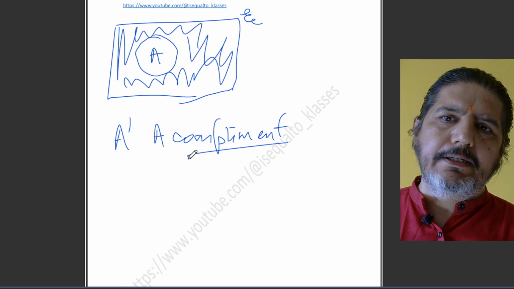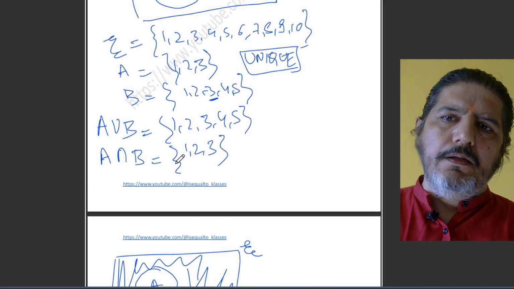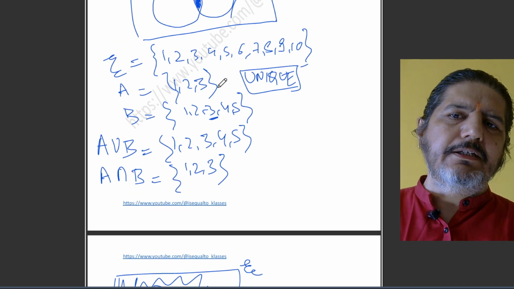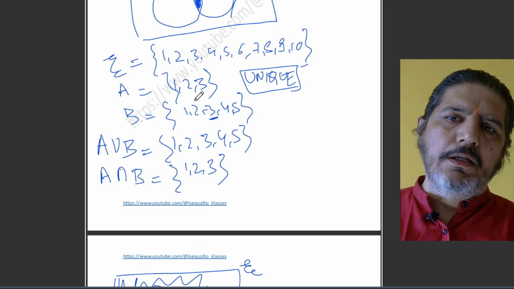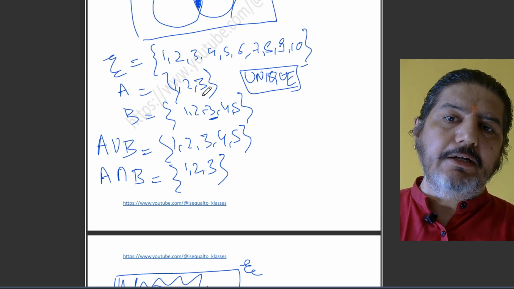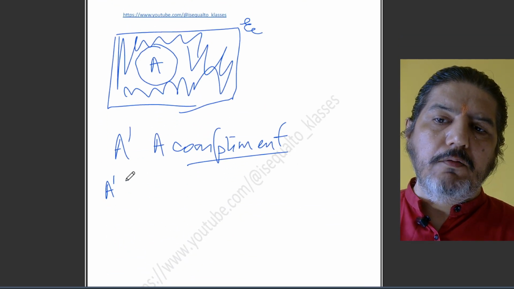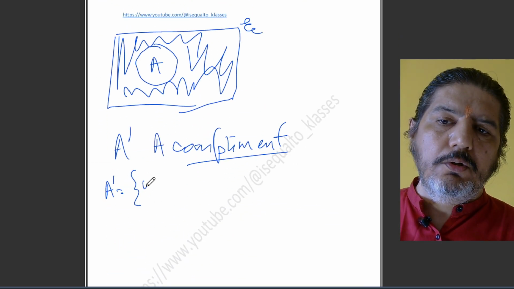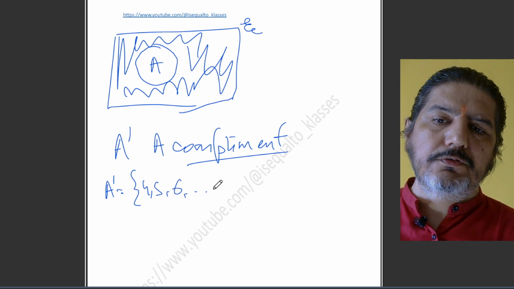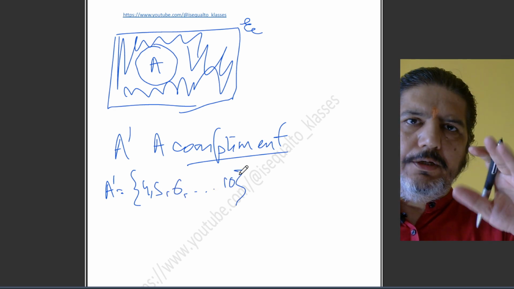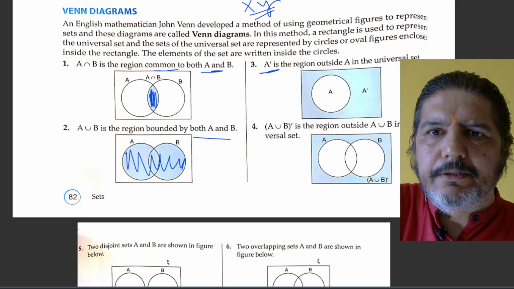In our case, my universal set is 1, 2, 3, 4, 5, 6 till 10, but my A is 1, 2, 3. So I can't take 1, 2, 3, but the rest of the elements would be A complement, equal to 4, 5, 6 and so on till 10. I hope this is making sense. So this is A complement.